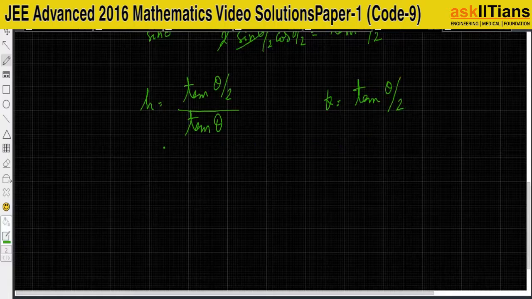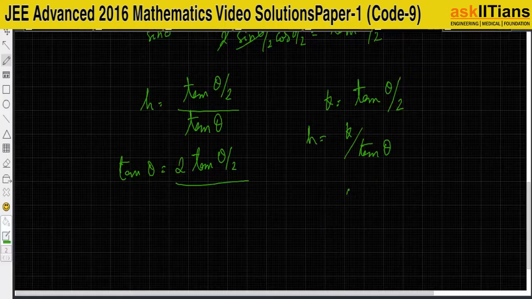Now we need to find out relation between h and k somehow. We know that tan theta will be equal to 2 tan theta by 2 divided by 1 minus tan square theta by 2. Actually I can just divide these two equations. So from here h will be k by tan theta.